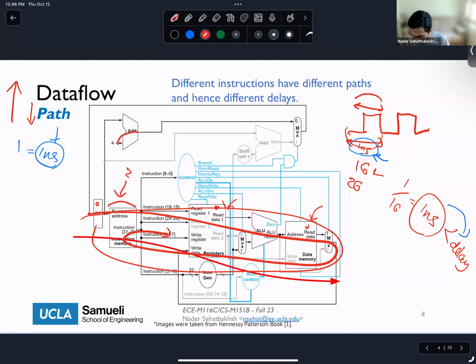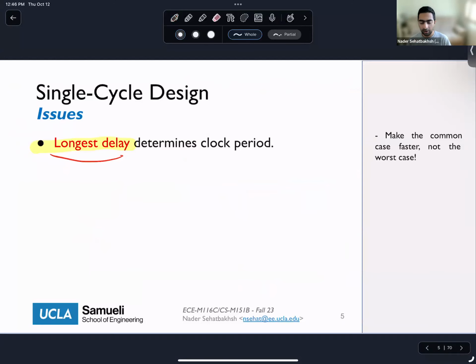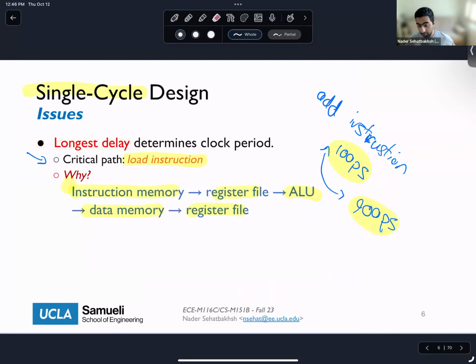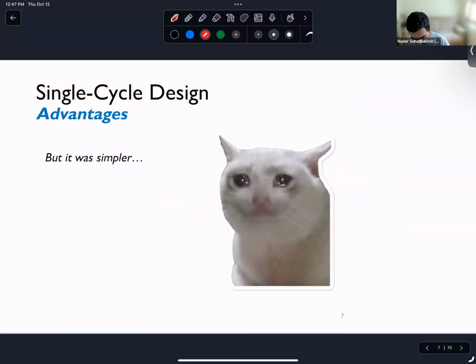But what I want now is to find some computer architecture trick so that we don't pay this penalty for all the instructions. What I really want is some form of adaptive method, so that some instructions take less time and some take more. That's what I'm looking for in this design now.